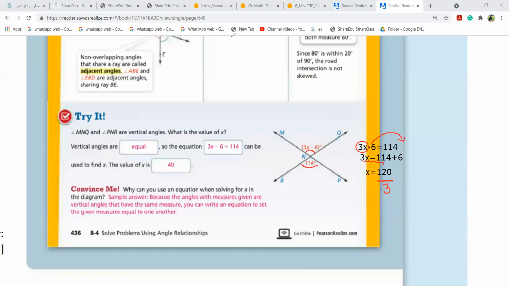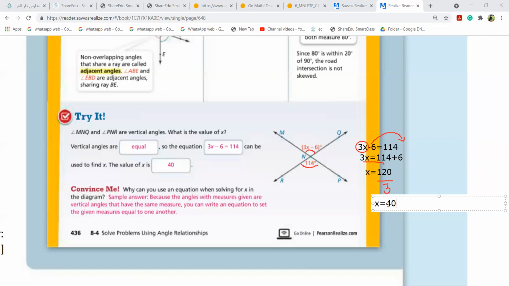Please stop me if you don't understand. Stop me if you don't get it. Let me know if you don't understand where I get this 40 from.